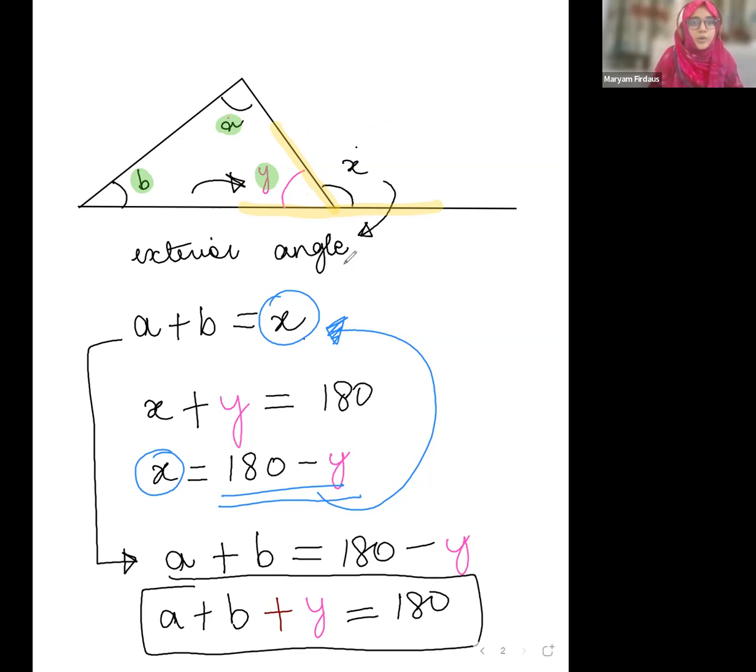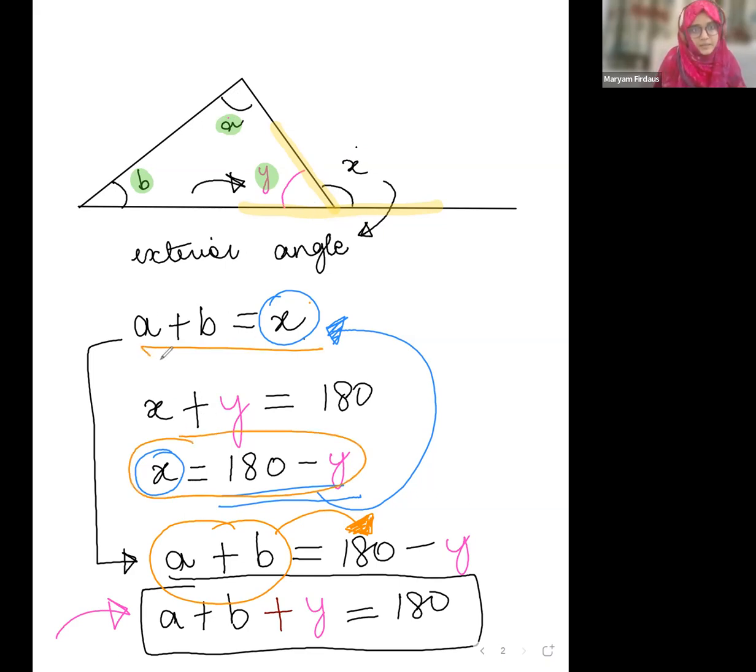So you can't say A plus B is Y. Because we have just seen that the relationship between A, B and Y is this: A plus B is not Y. A plus B, in fact, is 180 minus Y. Reason being, X is 180 minus Y, and A plus B is X. Okay, understood now.